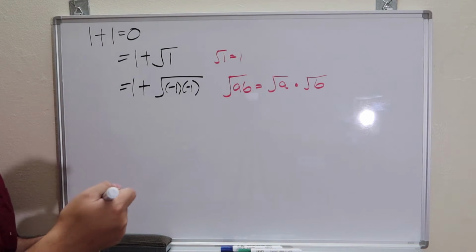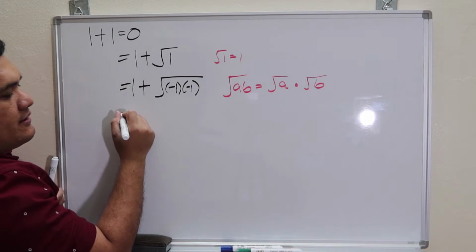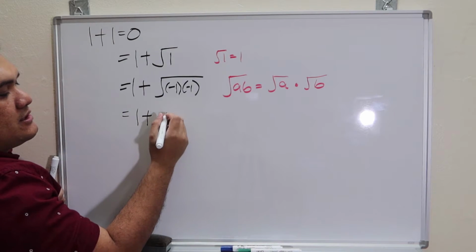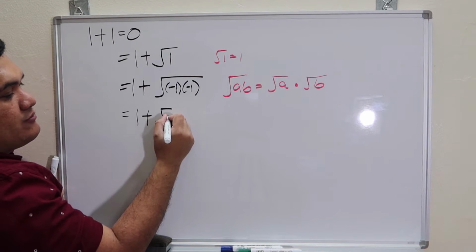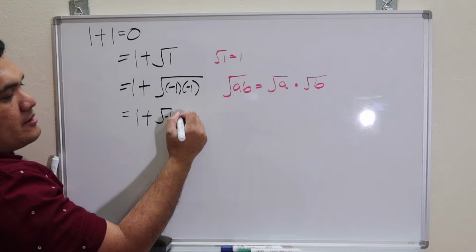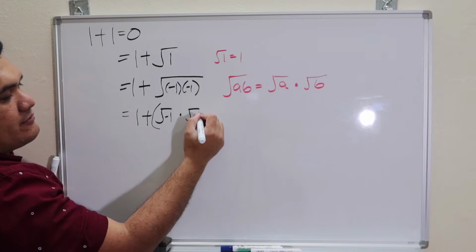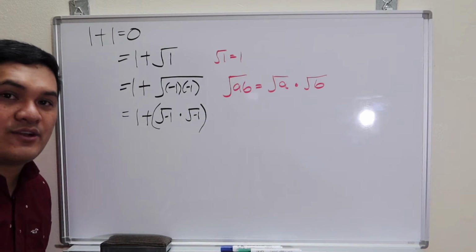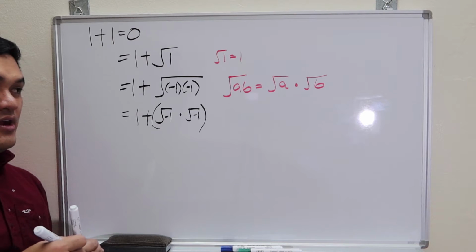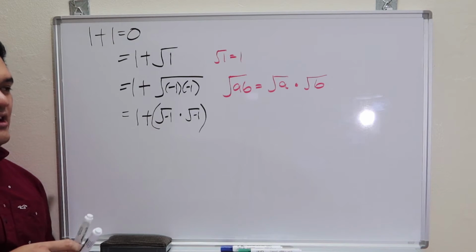So now, we do 1 plus the square root of negative 1 times the square root of negative 1. Correct? Okay, correct. We did not violate anything there.